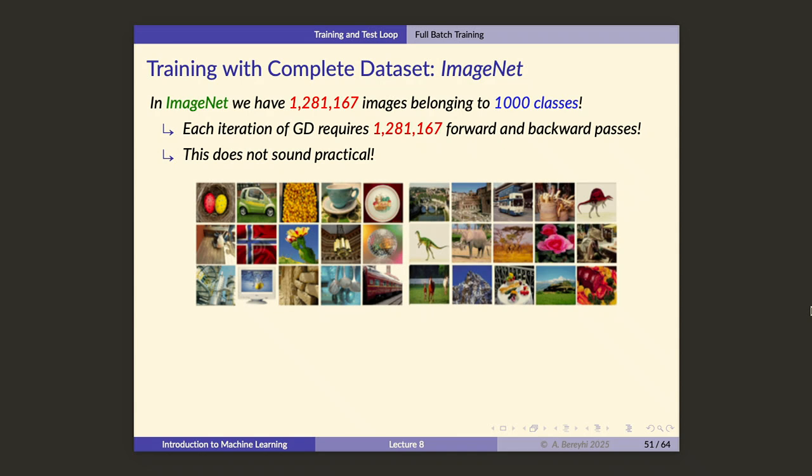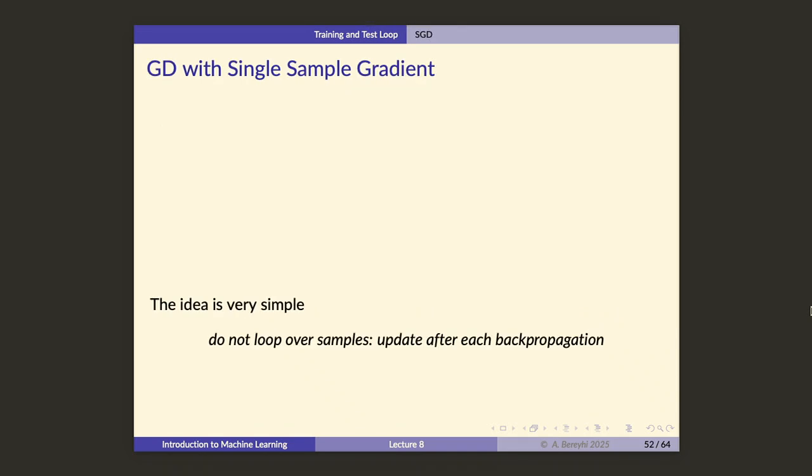Now you have that gradient, you update, you get a new bunch of weights. You need to repeat this. Doesn't sound feasible, right? So this is not really practical. The idea of full batch training is not a very good idea.